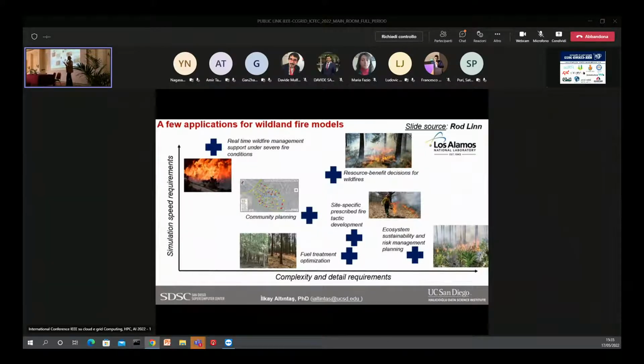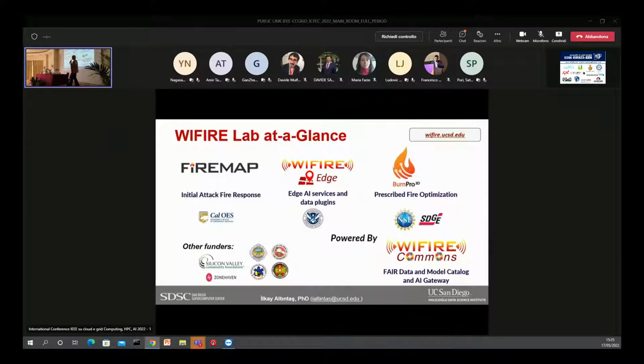Their complexity in terms of computational complexity and need for detailed data is also a lot more different than real-time response. So this is what we do in the WIFIRE lab. We try to find the ways of linking the right data and computing at the right time to fire science and make it useful in the context of applications and solutions.